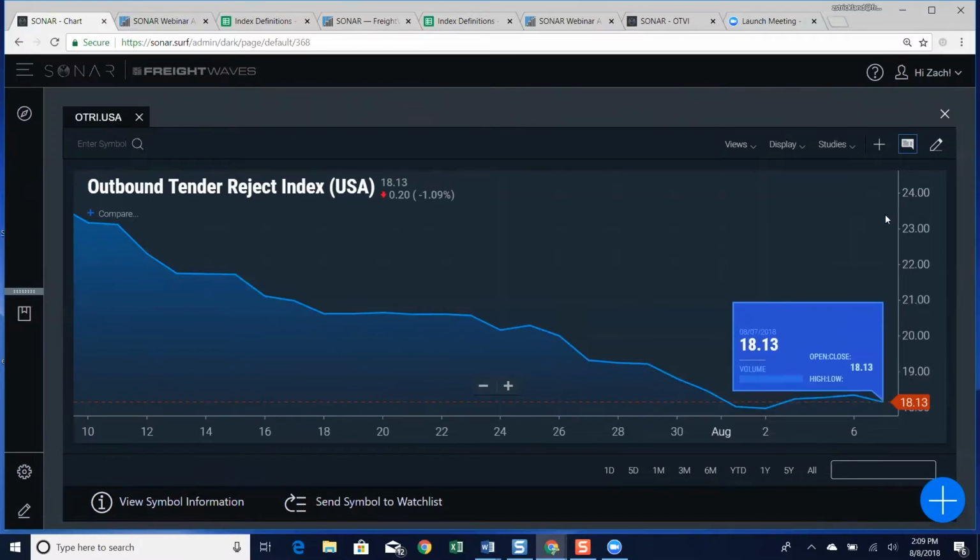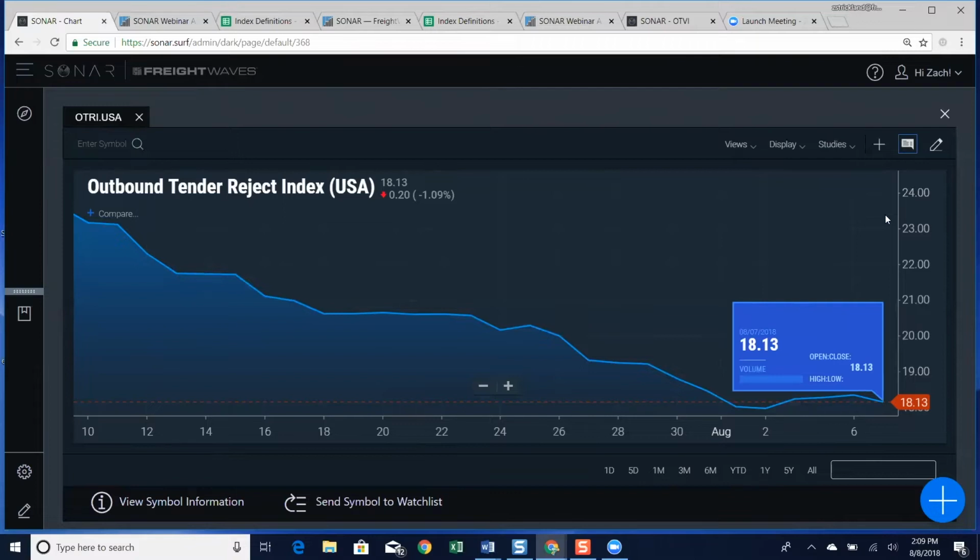That's a good question. So 18.13 is essentially, I'll explain it like this. Say there were 100 loads sent over from shippers on August 7th. Now, this is not a perfect example, but say 18 of those were rejected.